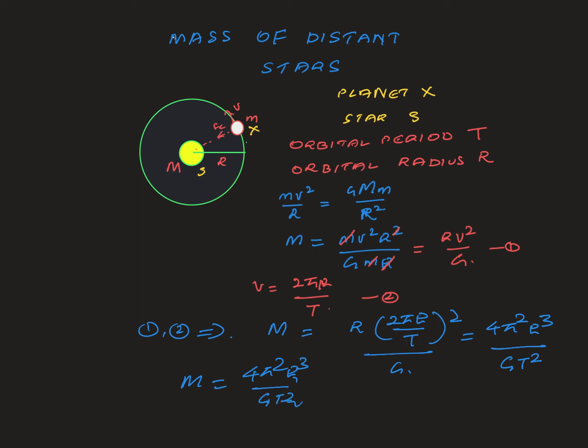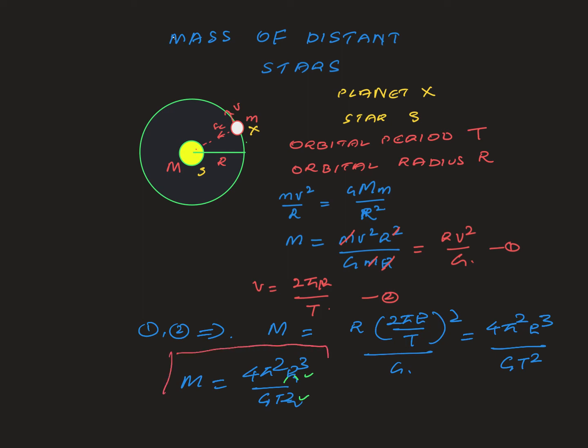So we know the radius and we know the orbital period. If the radius and orbital period are given, we know how to find the mass of the star.